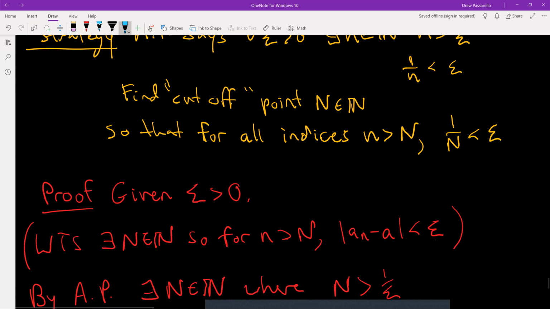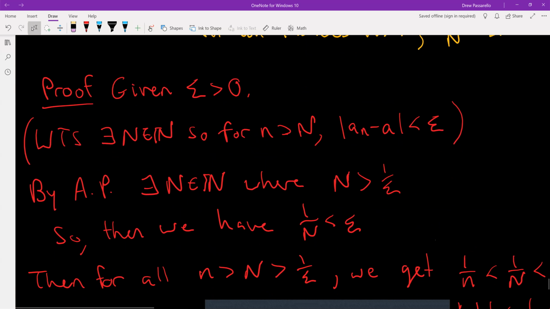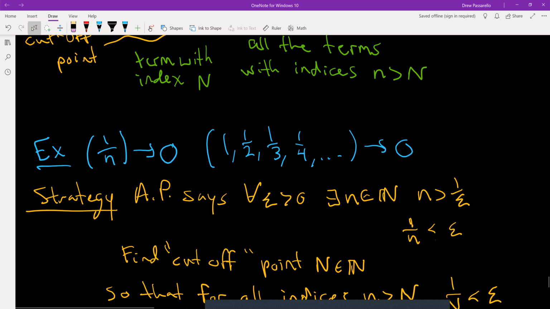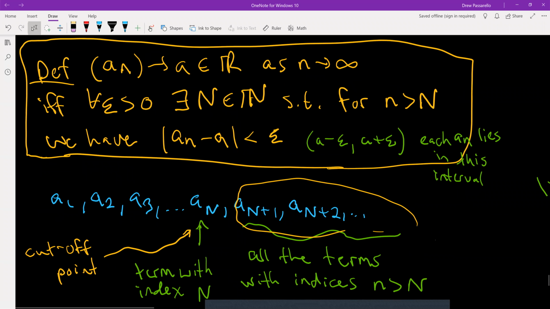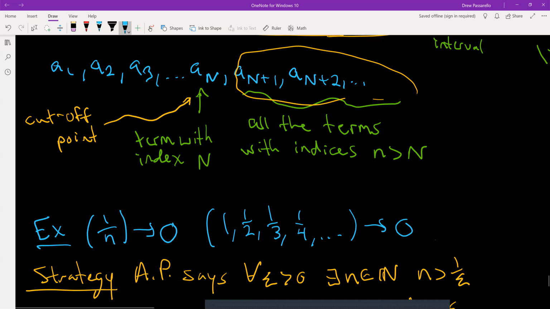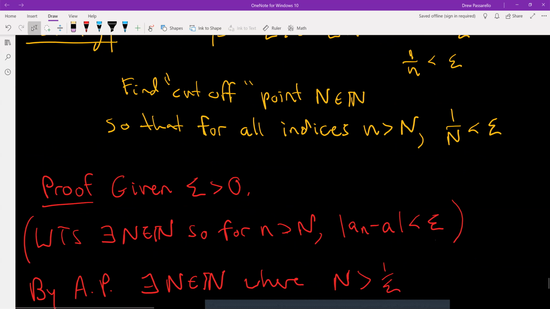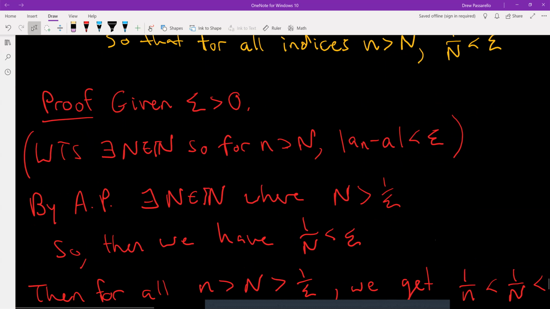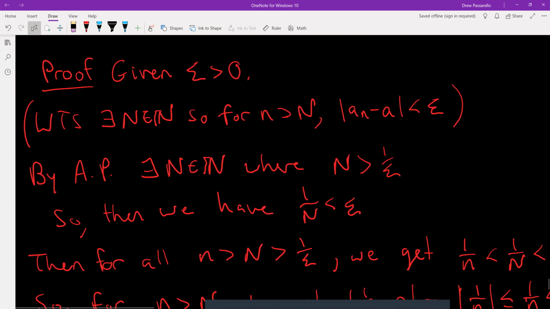Okay, so here's the proof. First we have to say, given epsilon greater than 0. We start out the proof with saying for all epsilon greater than 0. So given epsilon greater than 0, and I put in parentheses what we're trying to show: we want to show that there exists some capital N in the natural numbers, so that for all little n bigger than capital N, we have the absolute value of a_n minus a less than epsilon.